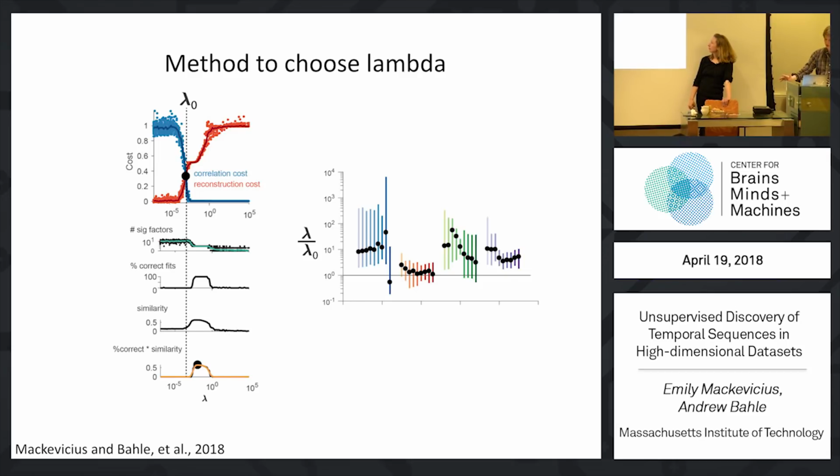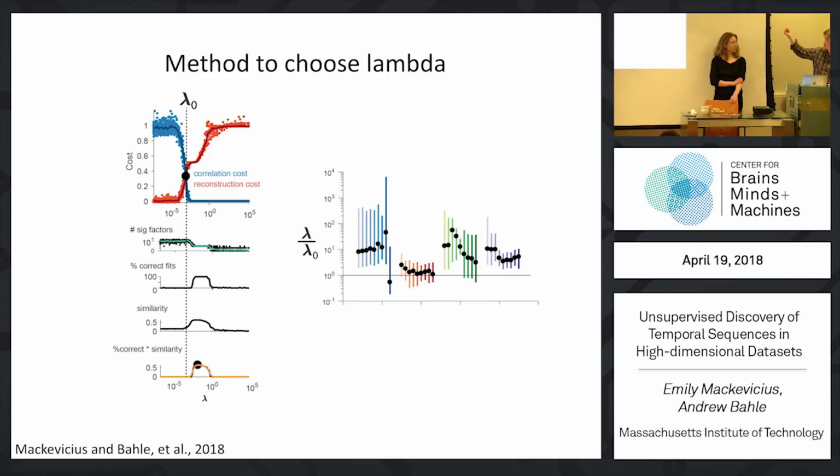Each color here shows a different noise condition, and as you go from left to right, you're increasing the amount of noise. First we have in blue the participation, then in red the additive noise, green is the jitter, and purple shows the warping. You can see that for each of these conditions, there tends to be between 1 or 2 orders of magnitude range that you can use and still get a very good match to your data.